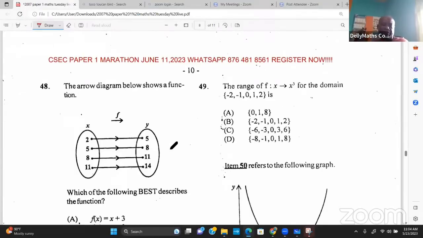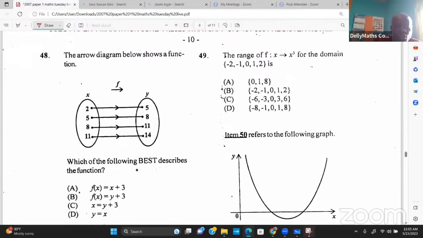48 says the arrow diagram below shows a function. All right. So if you look, you're seeing a function right there. What the question wants: which of the following best describes the function? Look, you want to look at all of these and see which one.